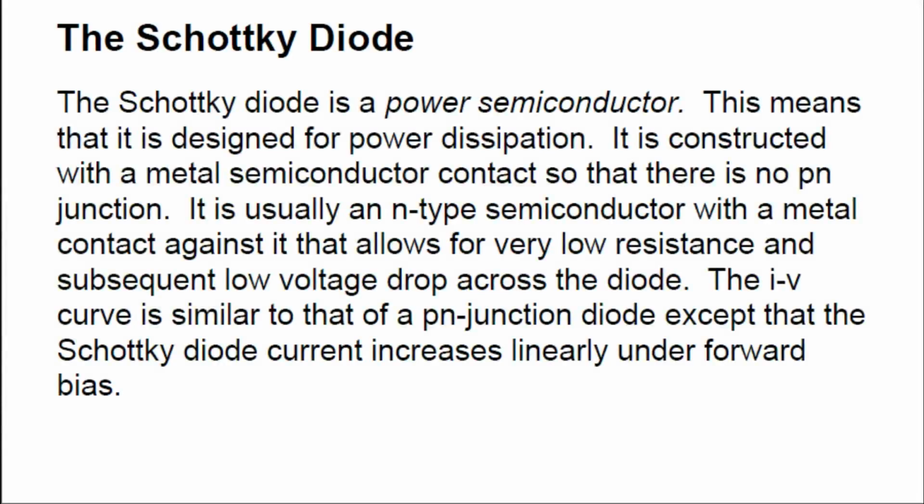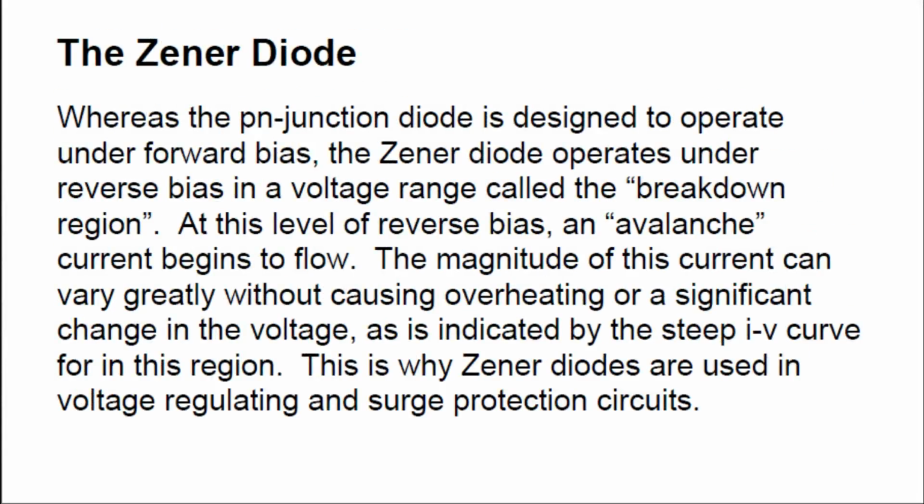So on slide 12, the Zener diode is very much like a p-n junction diode, except that instead of being designed to operate under forward bias and let the current travel forward through the diode, it's actually designed to operate under reverse bias so that the current will run the opposite direction through the diode.